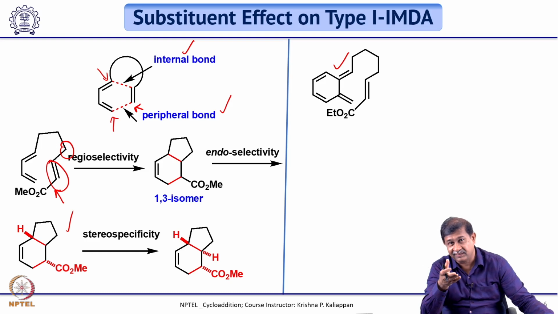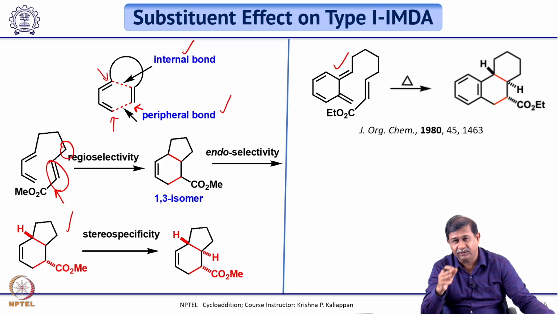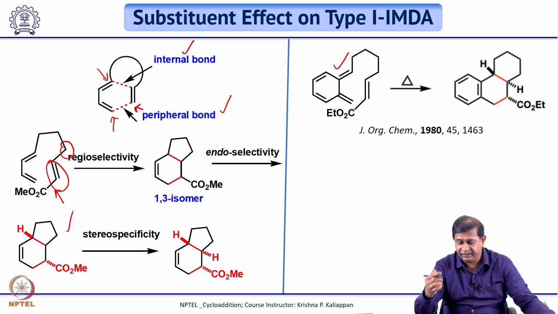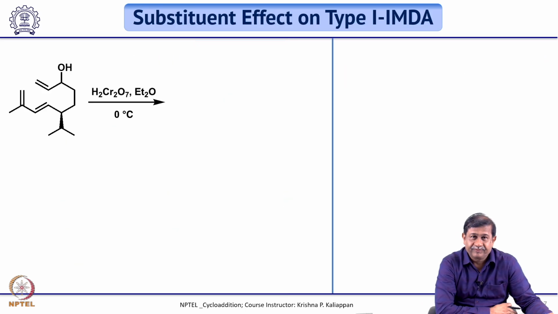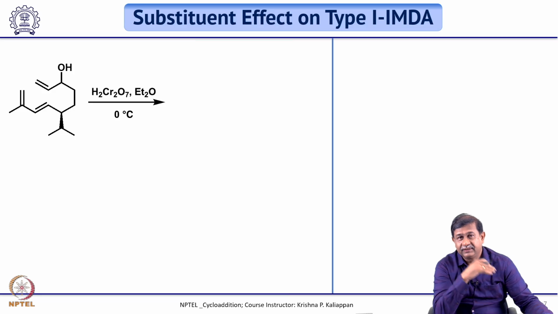You can generate it from the corresponding benzocyclobutene, and then when you heat it, this can undergo type 1 IMDA to give this trans-decalin system.